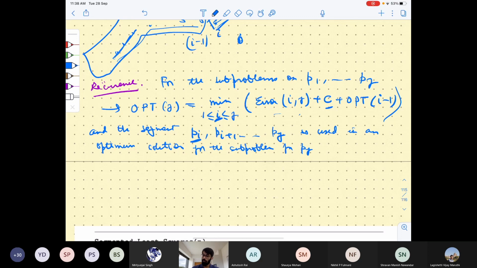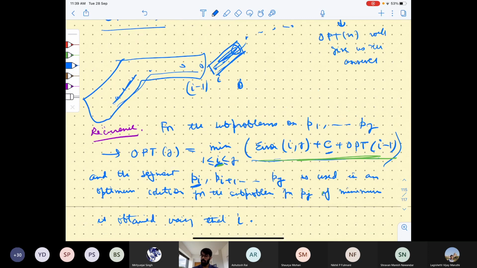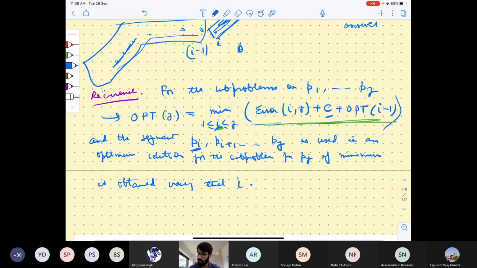So this i should be the one that minimizes this quantity. So this is our recurrence basically.